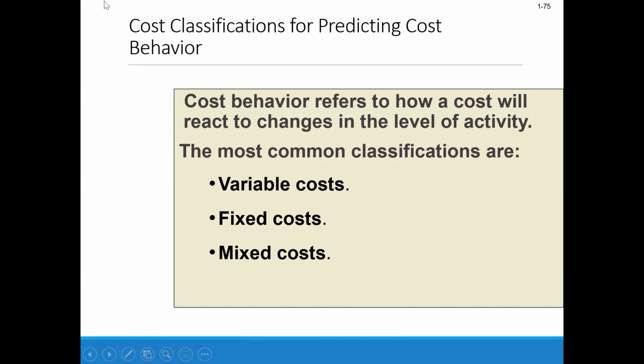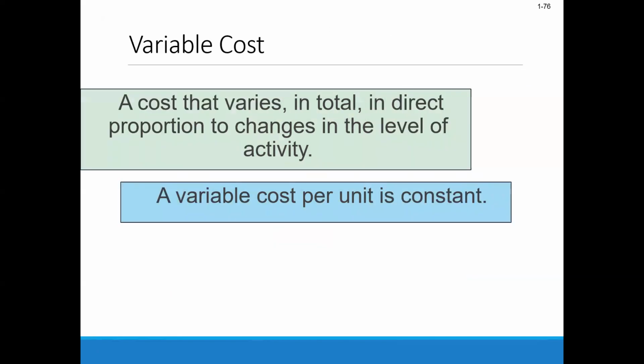The common classifications are variable cost, fixed cost, and mixed cost. A cost that varies in total in direct proportion to changes in the level of activity is a variable cost. Variable cost per unit is constant.